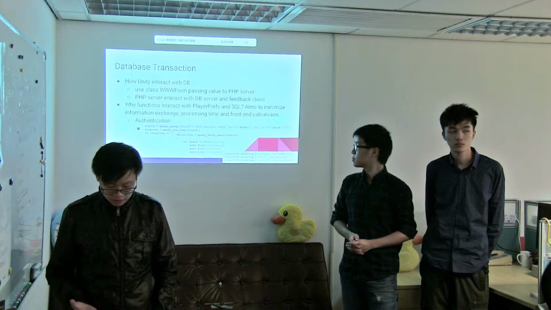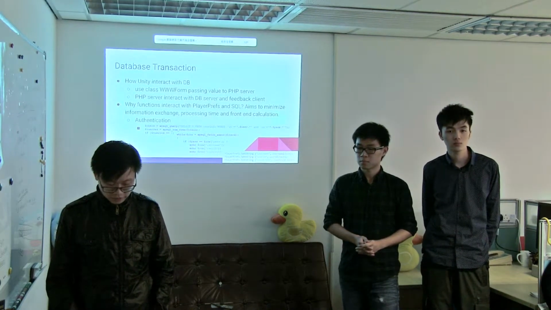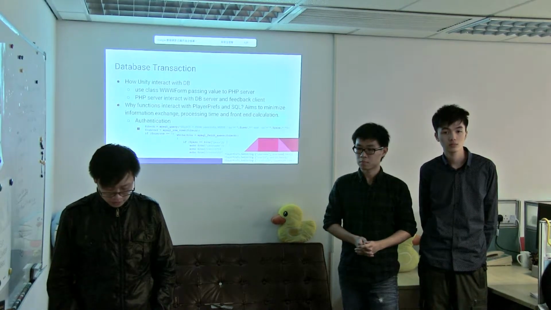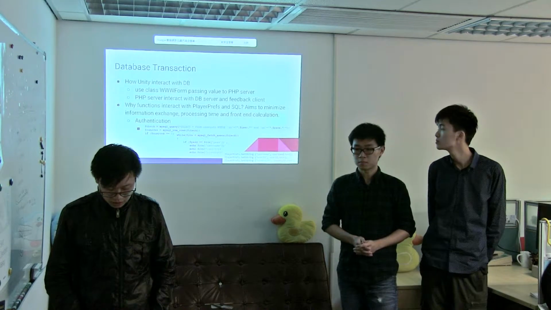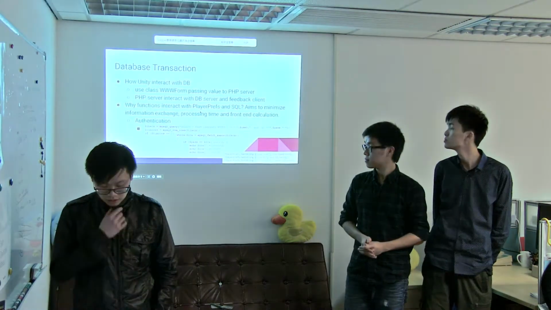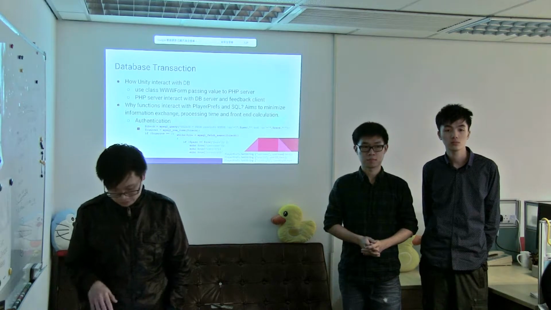If there is a valid record, the PHP server will ask the DB server to fetch some useful information. And on the Unity front-end side, Unity has a very strong local storage function called PlayerPrefs.